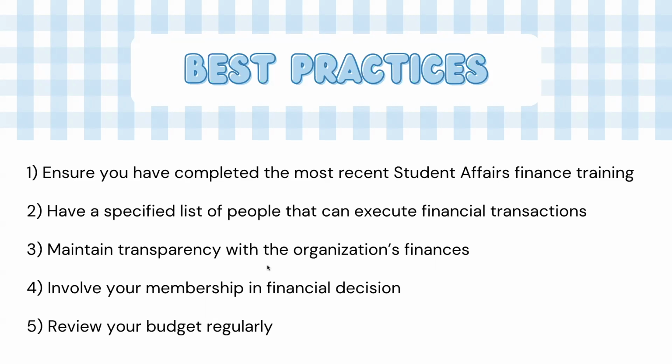And then the fifth best practice is to review your budget regularly. If you are the person that is responsible for this, keeping an eye on this, I would say at least on a monthly basis, if not more frequently. I would recommend probably, if you are the treasurer, weekly. But if you are a different officer that maybe has some oversight over the budget, or just is somebody that's peeking in, definitely take a look at it, and report that out to your group maybe on a monthly basis, just so that you know where you are.